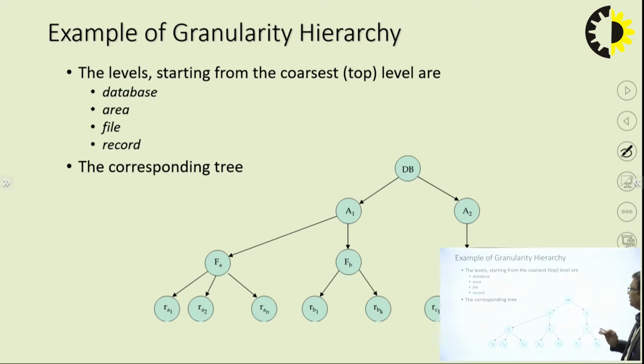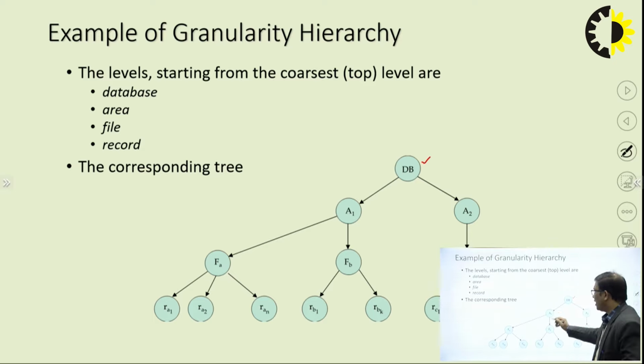For example, the first node is treated as the database, the complete database. Then the database is further divided into two parts, the areas: area 1 and area 2. The areas can be A1, A2, A3 and AN.